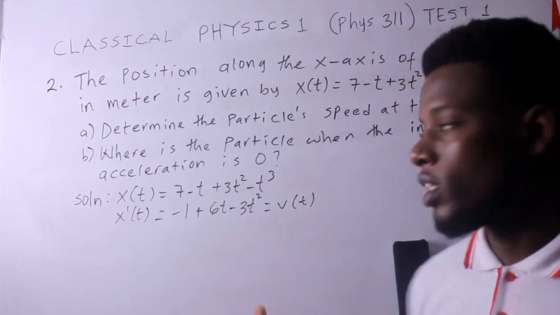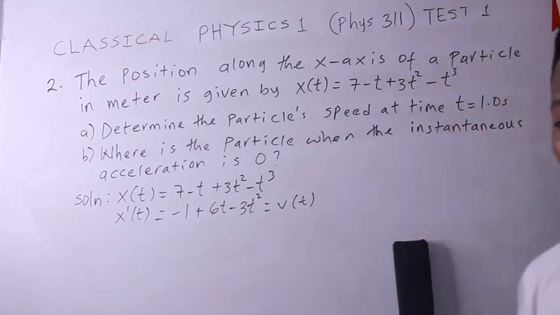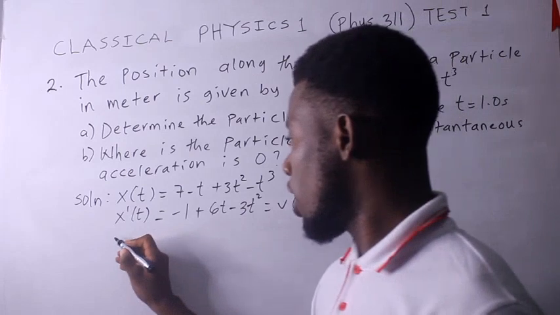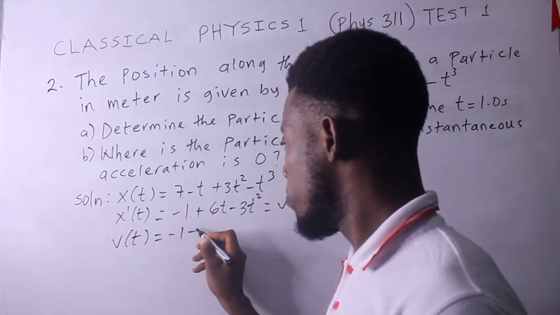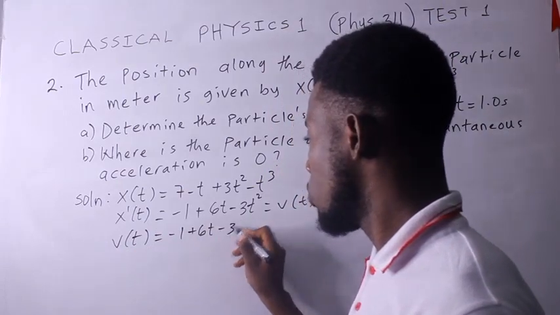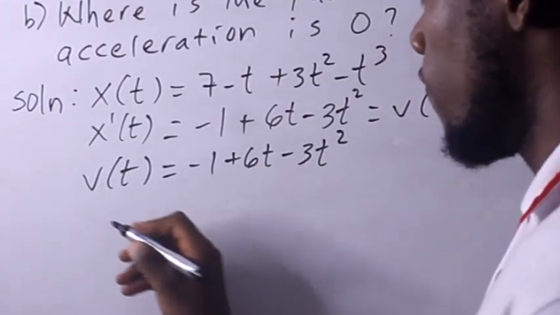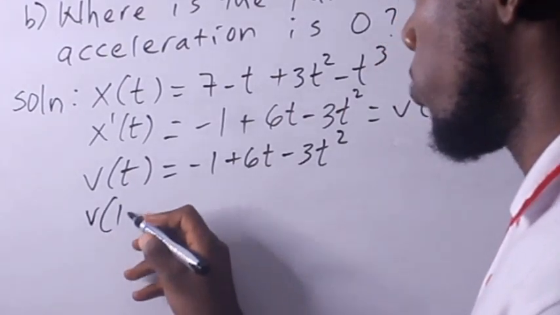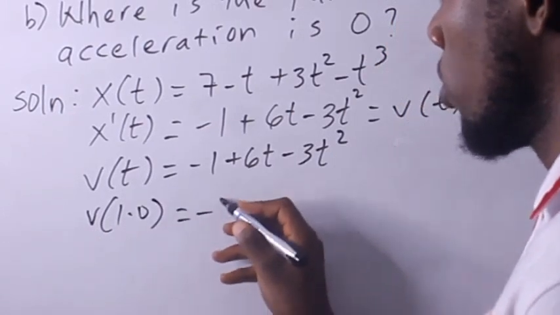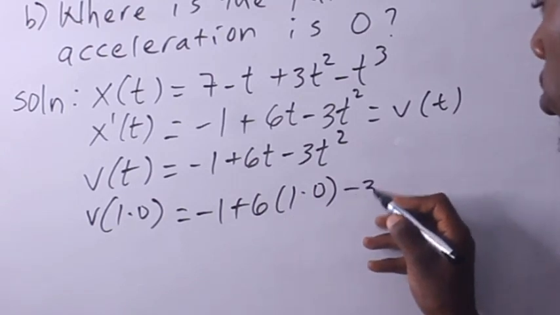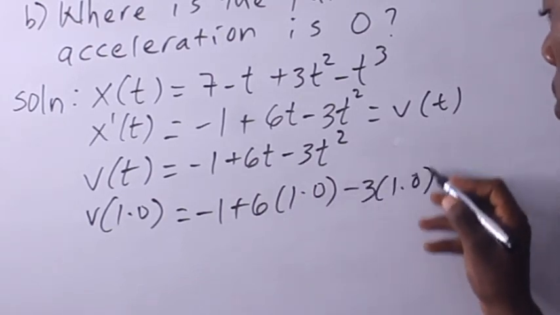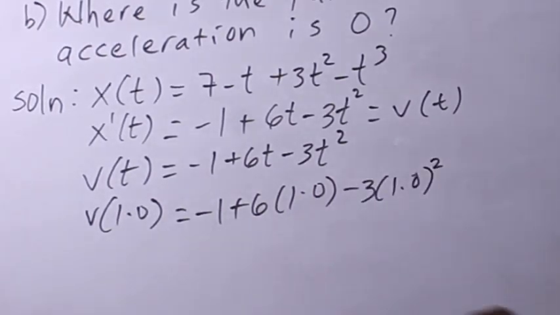Now let's find the velocity at t equals 1.0 seconds. So we know that v of t is minus 1 plus 6t minus 3t squared. So v of 1.0 will be minus 1 plus 6 times 1.0 minus 3 times 1.0 squared.